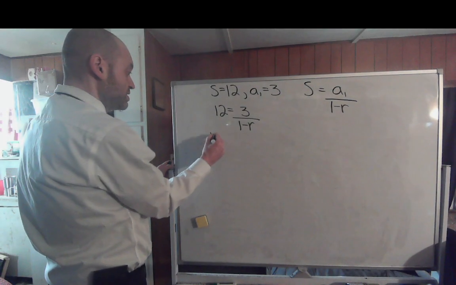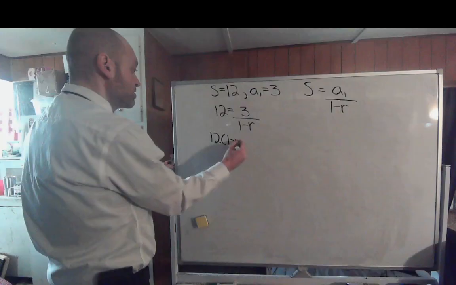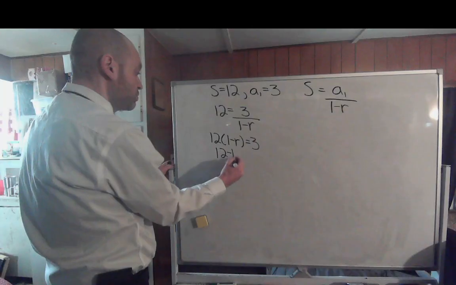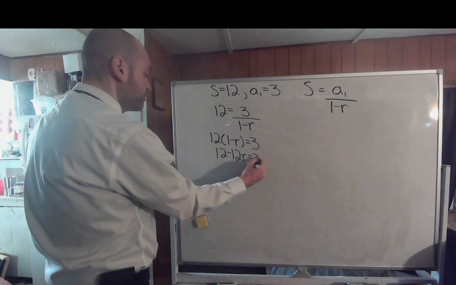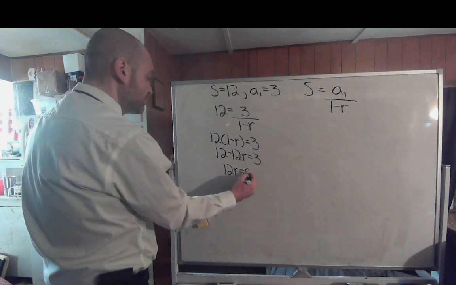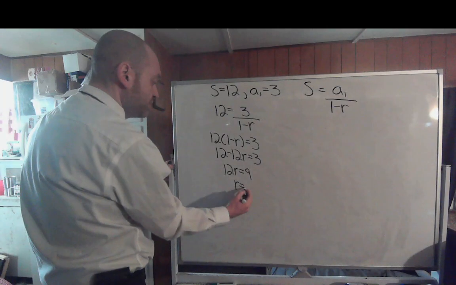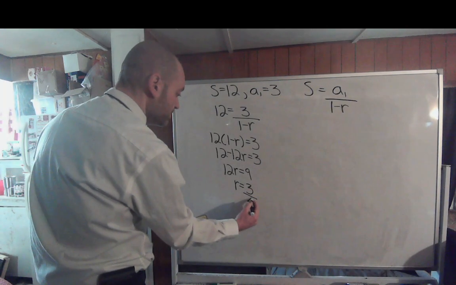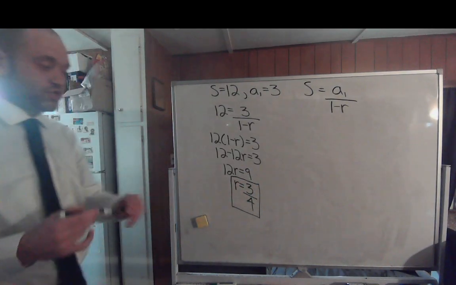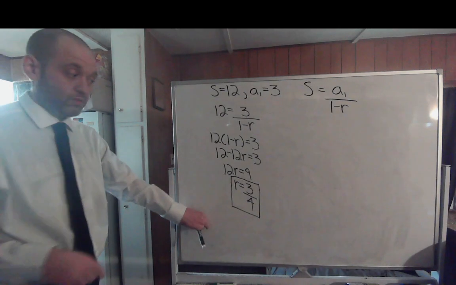So this would turn into 12 times 1 minus r equals 3. So 12 minus 12r equals 3. Then 12r equals 9, which means r would equal 3/4. So the common ratio for this infinite geometric series would be 3/4.